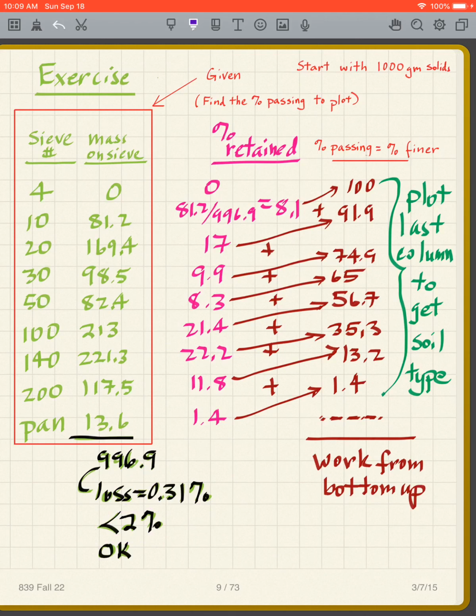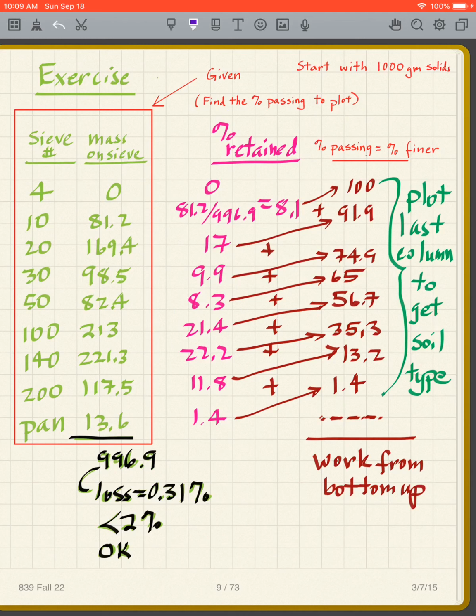Okay, so this is the math on the sieve. We need to get the percent retained. Well, how do we get that? We divide each term by 996.9, and so the percent retained, you can all do this, are these values. We need then to get the percent passing or percent finer, same thing. And how do we get that?